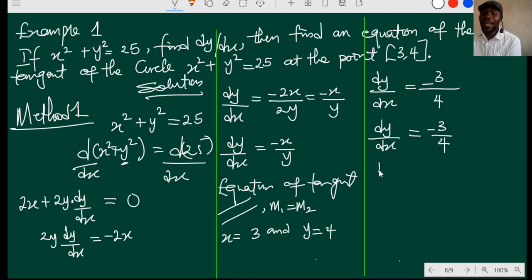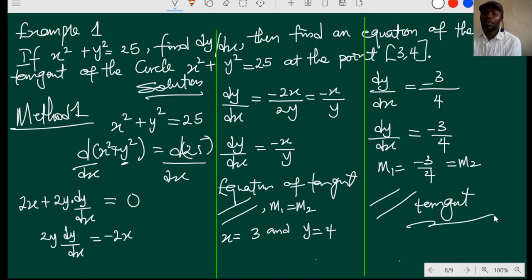So meaning that our m1 is equal to minus 3 over 4, which is equal to m2 because the lines are parallel. We call it a tangent. So that is how. Now to find the equations of the tangent, let's go to the next page.